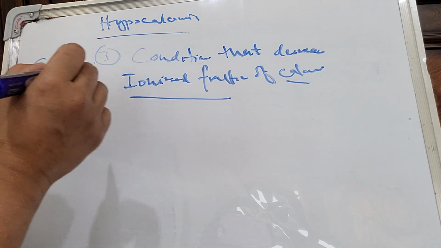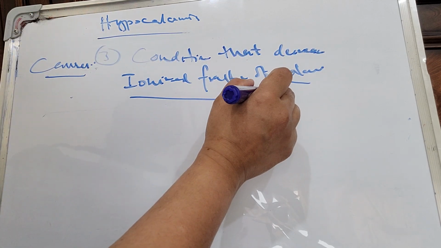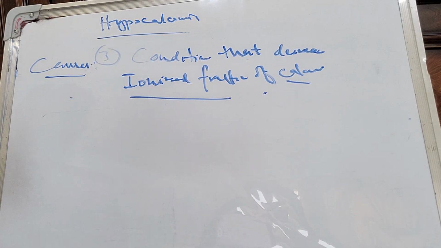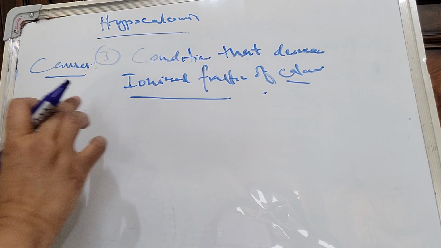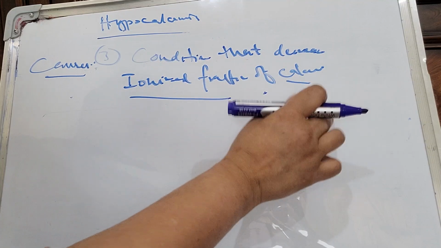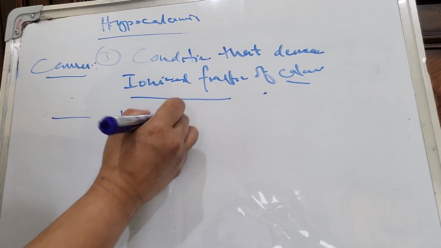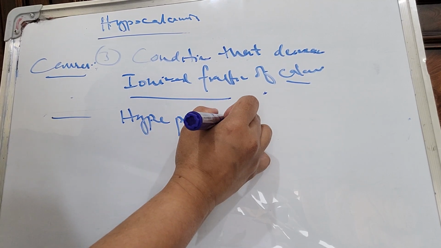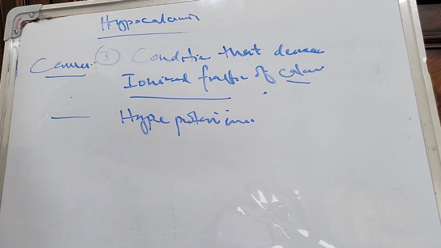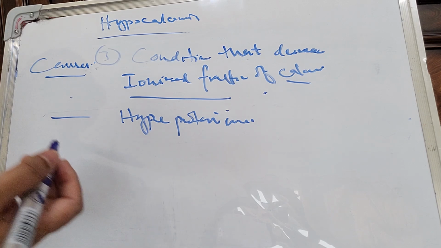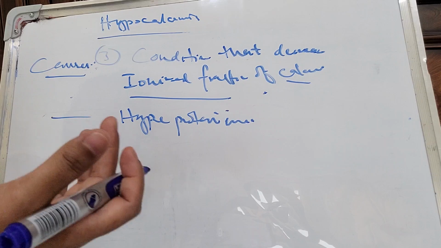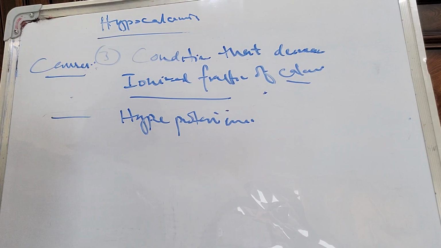So which conditions decrease the ionized calcium in our body? These conditions decrease our ionized calcium, because about half of the calcium in your blood is free calcium that is actively available for use. The rest of the calcium in our blood is attached to protein, mostly albumin.